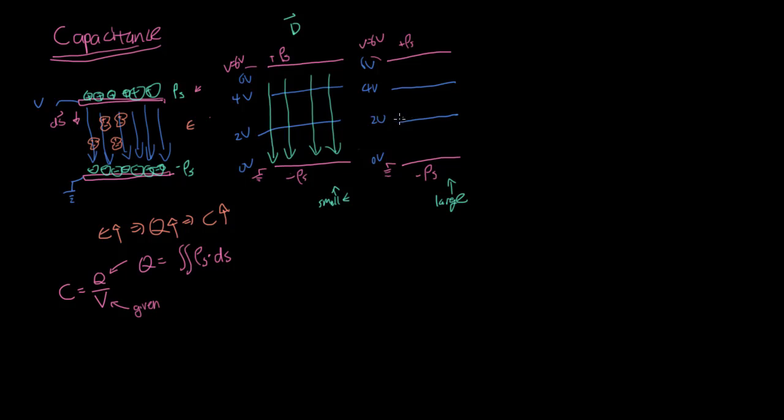Now remember that if you increase epsilon, now you have this extra electric field that's fighting what you would have applied, right? Therefore, remember D is equal to epsilon E. If epsilon is bigger, that means that to achieve the same electric field, remember the electric field is a slope here, right?